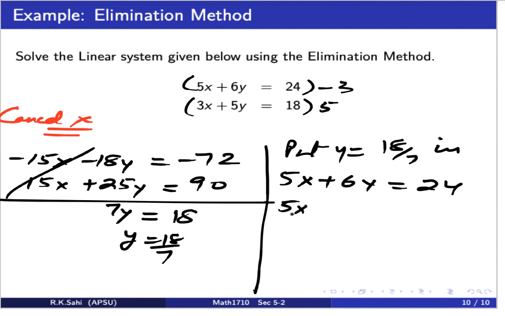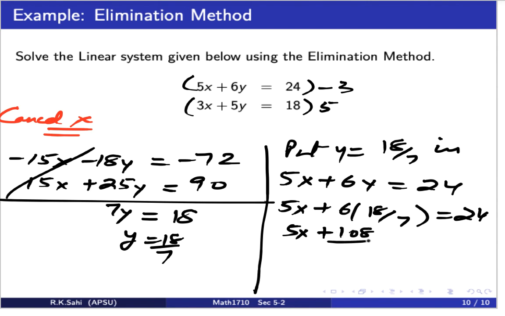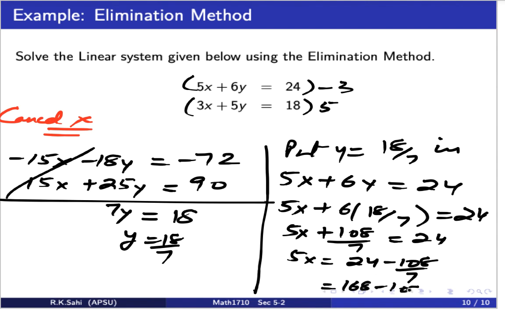So we get 5x plus 6 times 18 over 7 equals 24. 5x plus 108 over 7 equals 24, or 5x is 24 minus 108 over 7. You multiply 7 by 24, you get 168, minus 108 over 7.